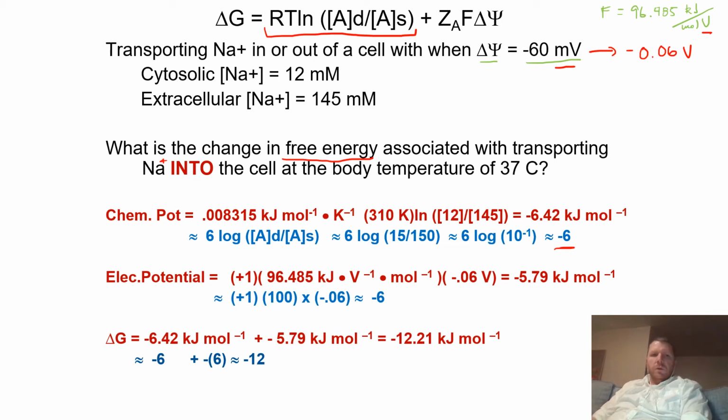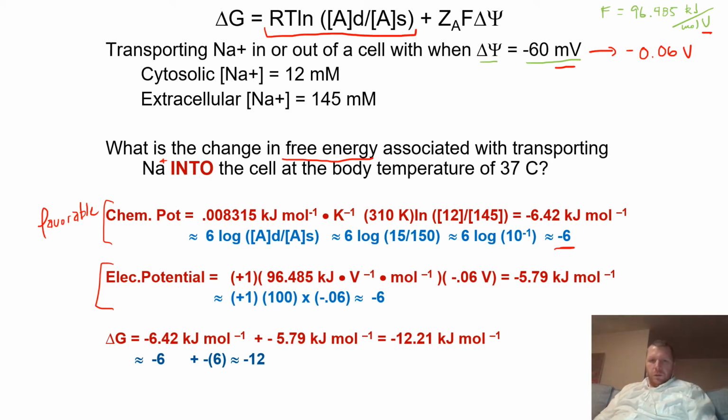So ultimately what we're looking at here is we could break these out as two different things, the chemical potential and the electrical potential. Well, the chemical potential alone, based on the concentrations, is favorable, because it's a negative delta G, a delta G of negative 6.